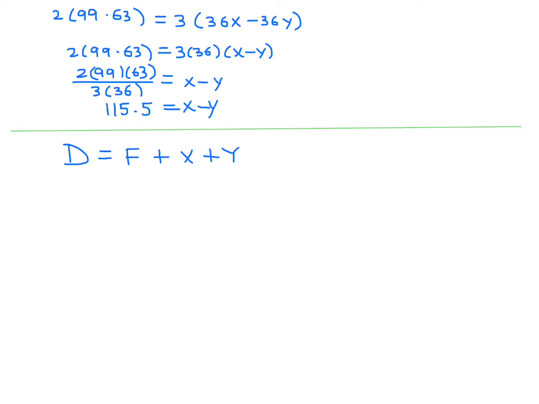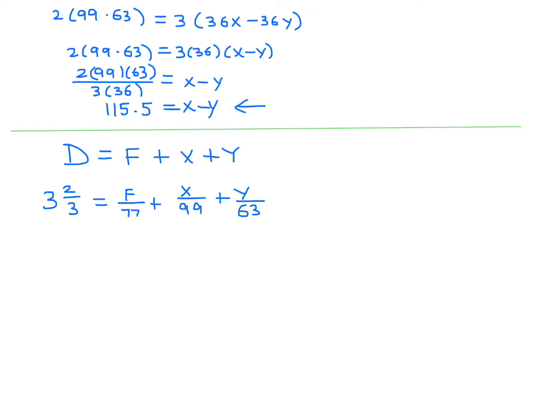Well, I can use one of the original formulas that I had up there, that 3 2/3 was equal to f over 77 plus x over 99 plus y over 63. This helps me out a little bit.